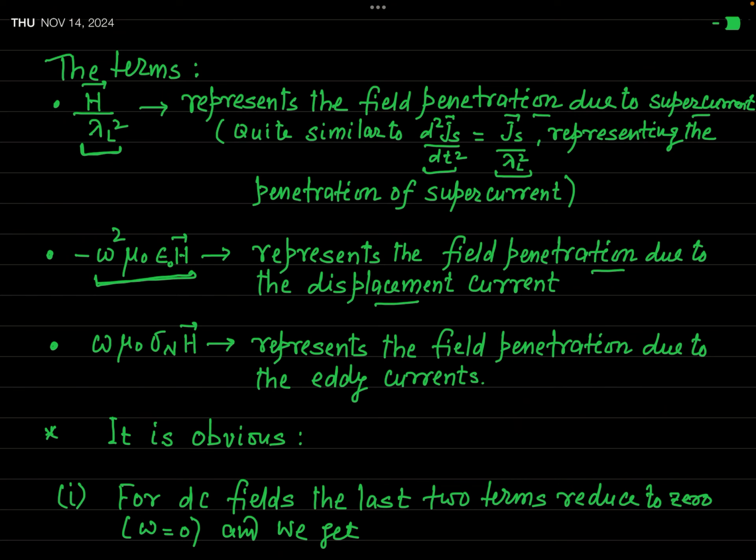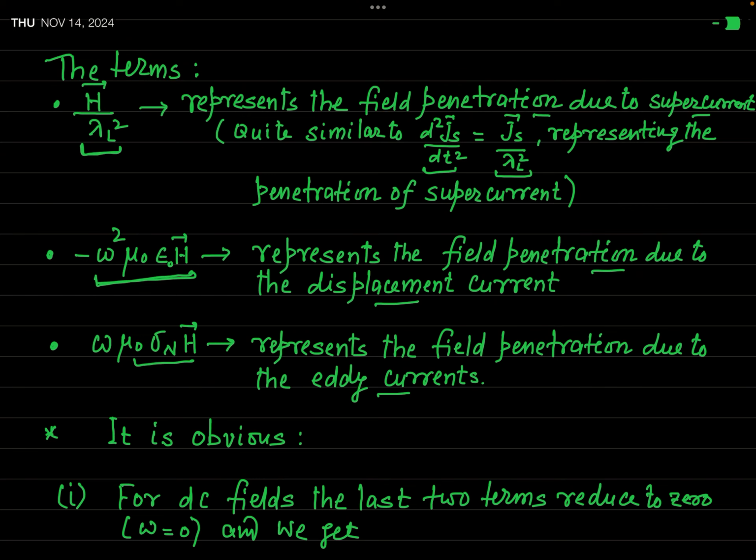And this third term, which is omega mu naught sigma n H, also represents penetration of the magnetic field due to the eddy current. So actually the penetration of magnetic field in the surface of the material is due to three reasons.